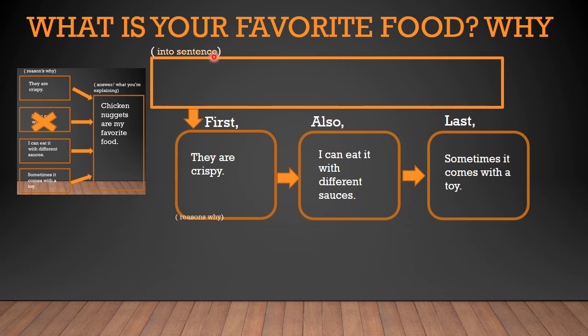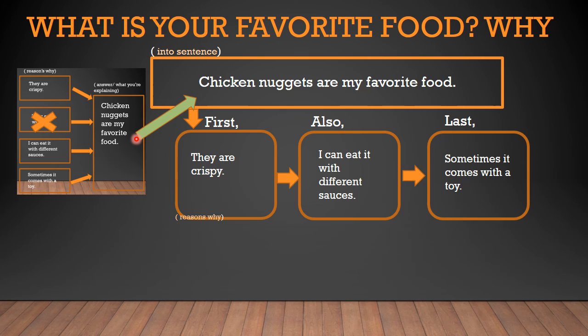This sentence is going to say, "Hi, reader. This is what I'm talking about." So this top sentence is going to answer the question. And since our question is, what is your favorite food? This part over here, chicken nuggets are my favorite food, is going to turn into my introduction sentence.